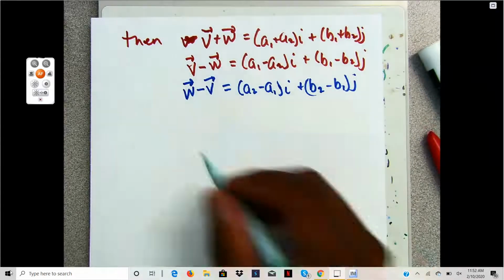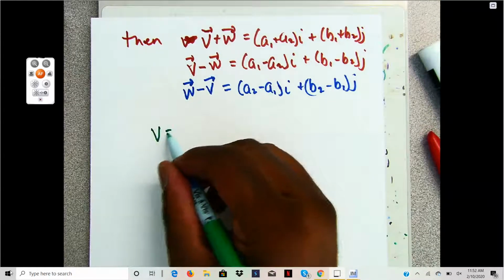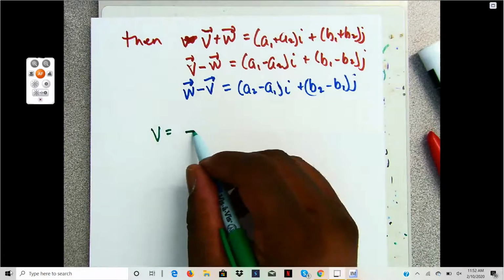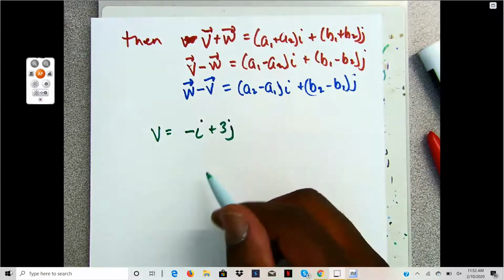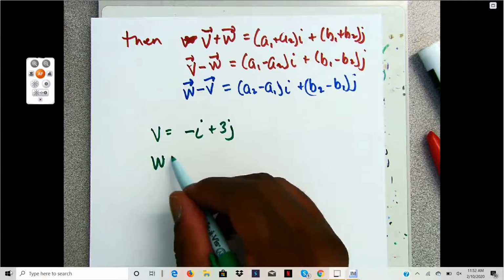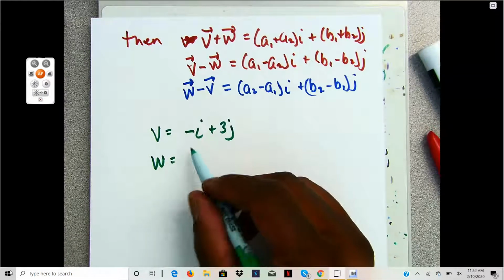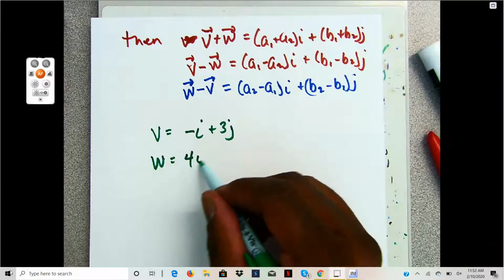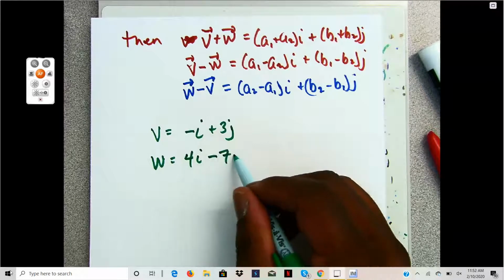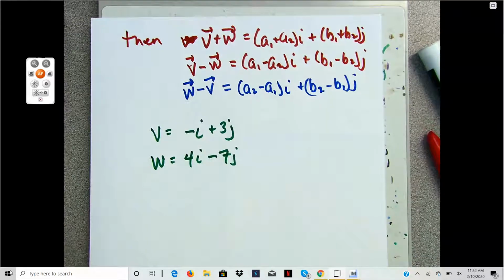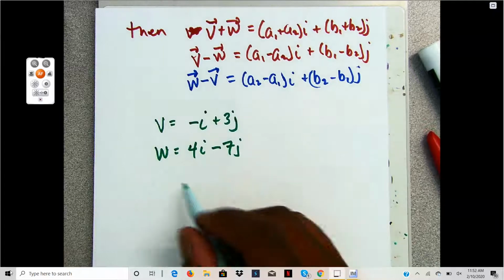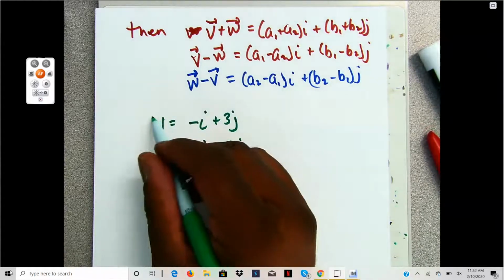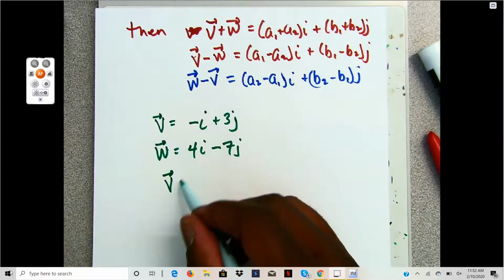As a matter of fact, let's take a look at this example. Let's say v is equal to negative i plus 3j, and w is equal to, let's say, 4i minus 7j. So what is vector v plus w?